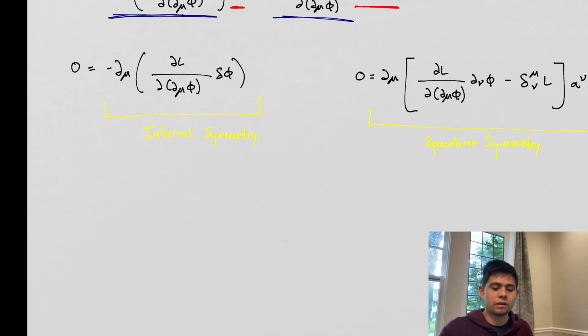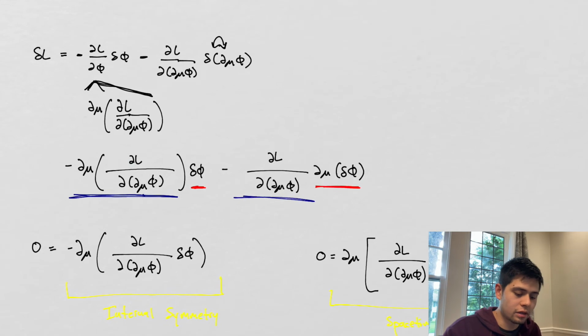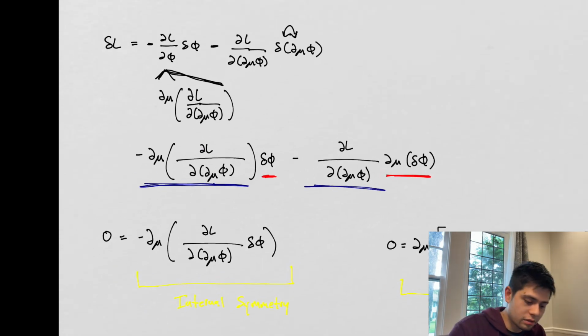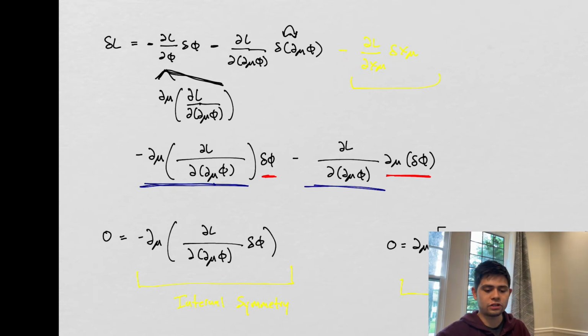And again, remember, the only difference between the two is that we didn't consider this factor right here. So this was for our space-time symmetry, because again, we're shifting space-time.